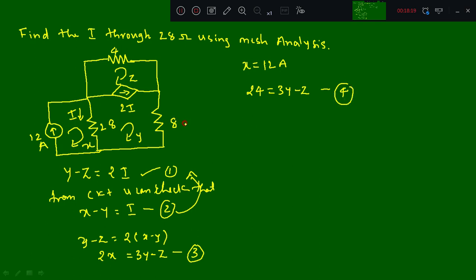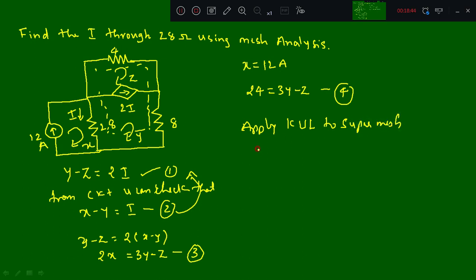So when you apply again KVL to this super mesh, this becomes the super mesh. This becomes the super mesh. So apply KVL to super mesh.